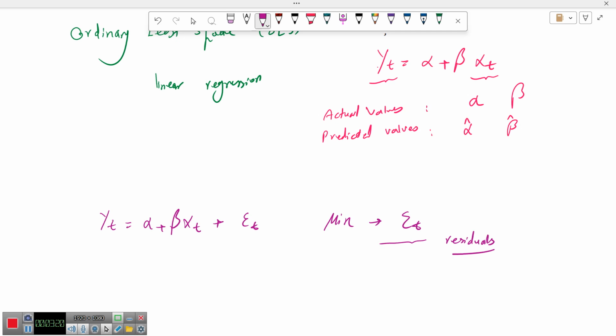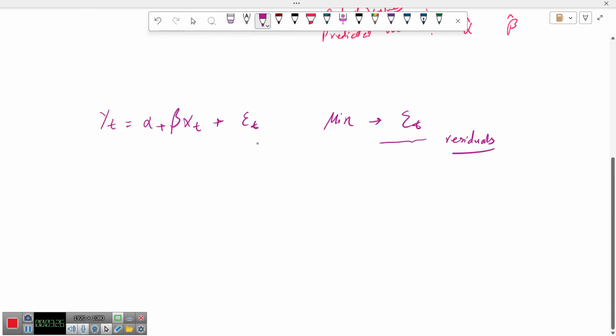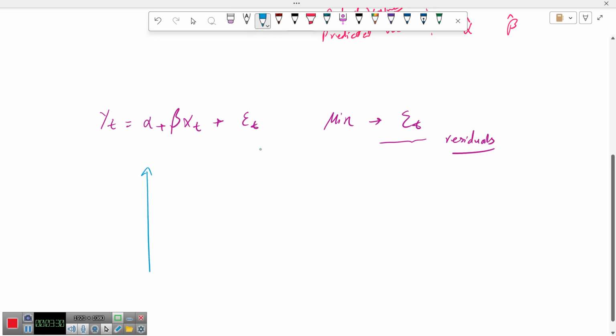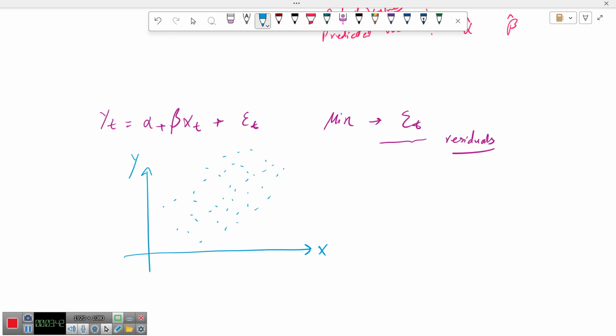For example, let's say we have the following scatter plot of x and y. We have some data that we show with scatter points, and this is the scatter plot.